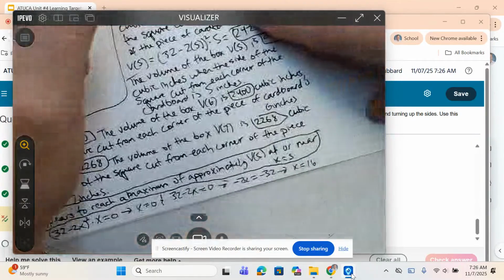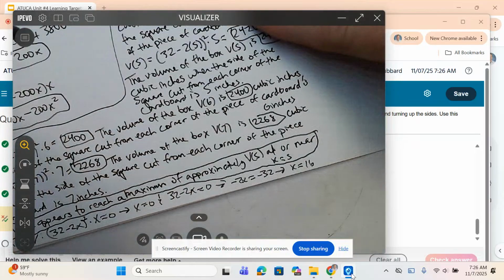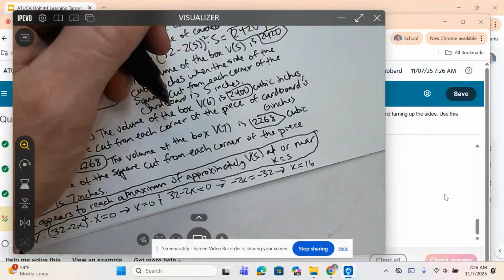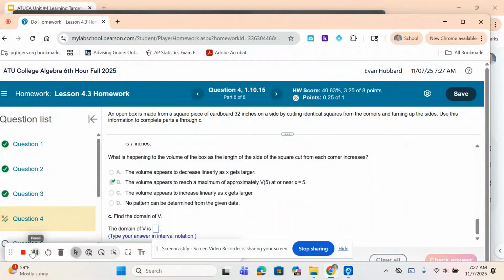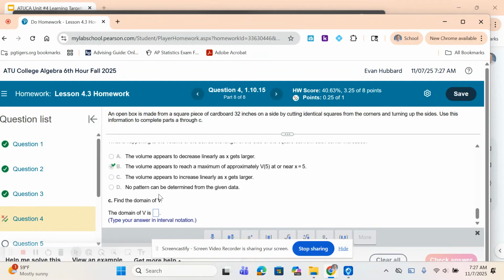So it'll be from 0 to 16. Now, it wouldn't include, or actually the volume, I guess it could include that, but technically it wouldn't have that. So in this case, it'll be from 0 to 16.